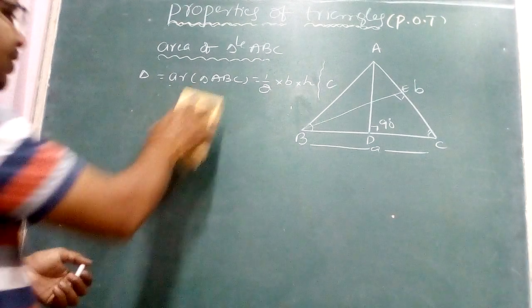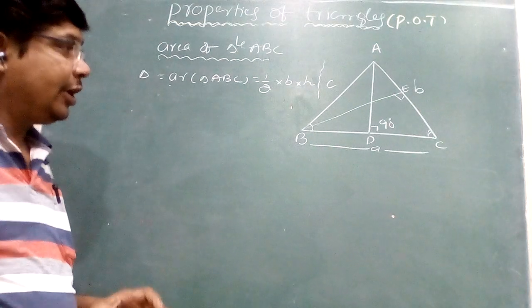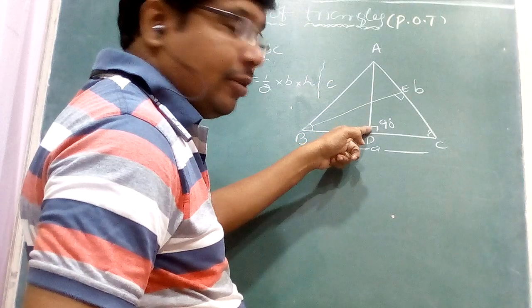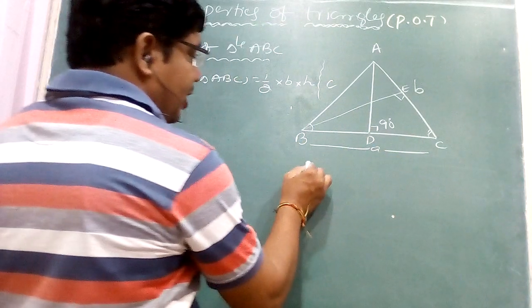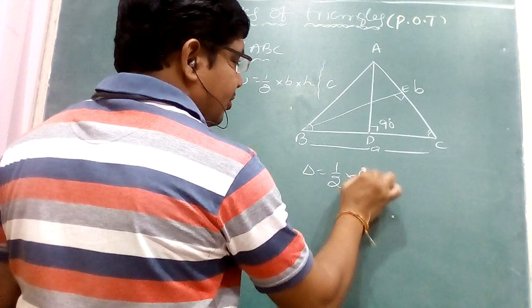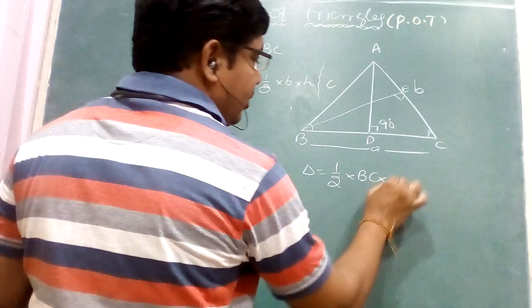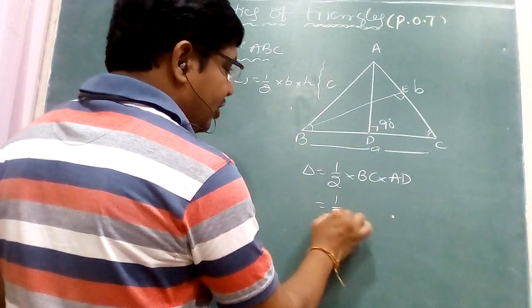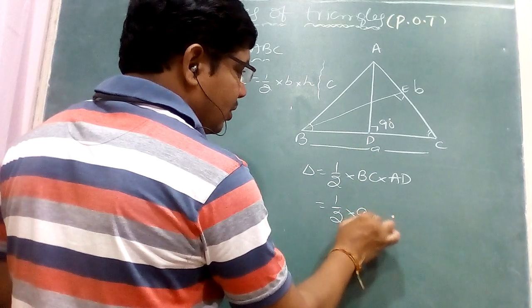Now, in this triangle, this is the altitude, means height only. This you can take as base. Area of triangle delta is equal to half into base BC, the height is AD. Now, the length of BC is small a.